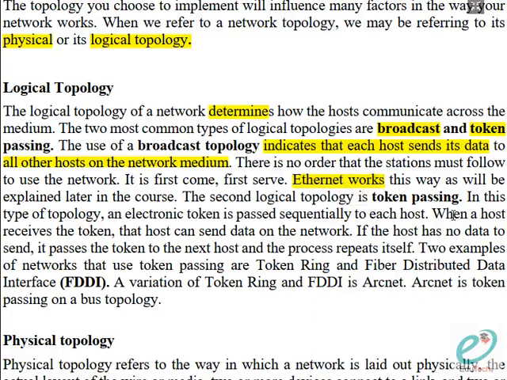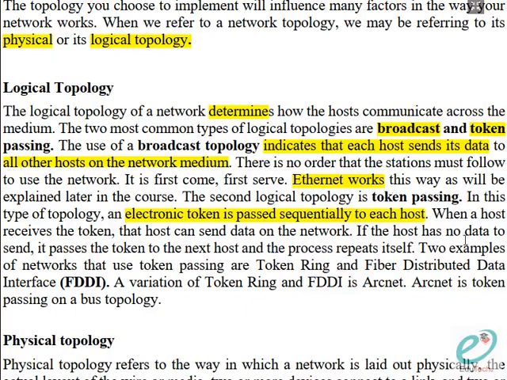But the second one we look at is token passing. In this type, an electronic token is passed sequentially to each host. You follow from one, it goes to another, and another. If it reaches its destination, the path will not proceed again. Passing of the token ends there. That is, when a host receives the token, that host can send data to the network.